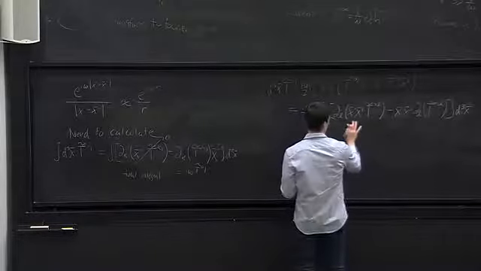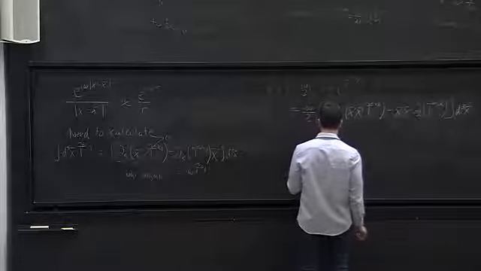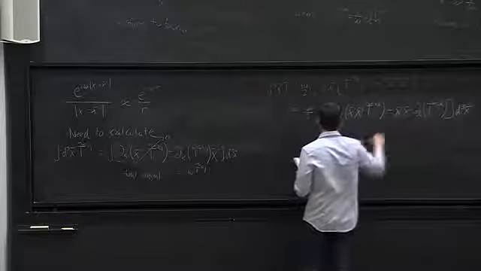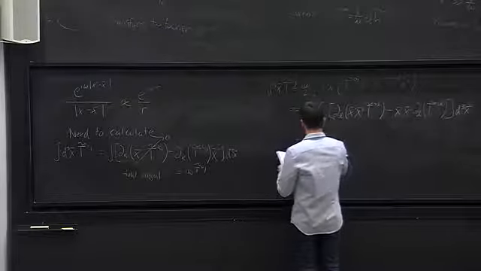And so again, we can get rid of this total derivative and use conservation of stress energy to rewrite this term as the following. Get another factor of i omega, basically.